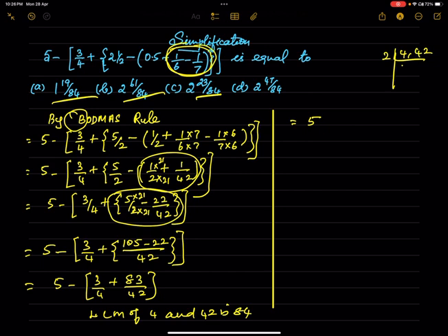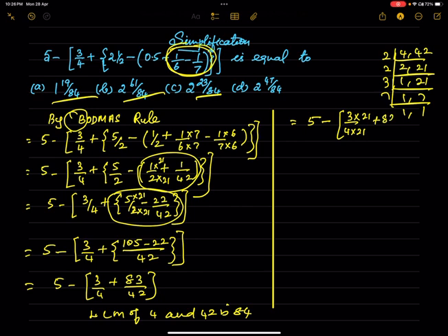2 times 21 is 42, 1 times 21 is 21, 3 sevens... 2 fours are 8, 4 threes are 12, 12 sevens are 84. So 3 over 4, multiply numerator and denominator by 21 because 4 21s are 84.